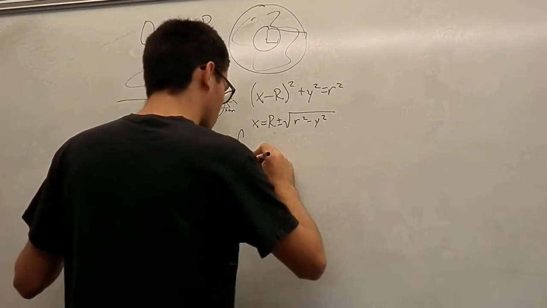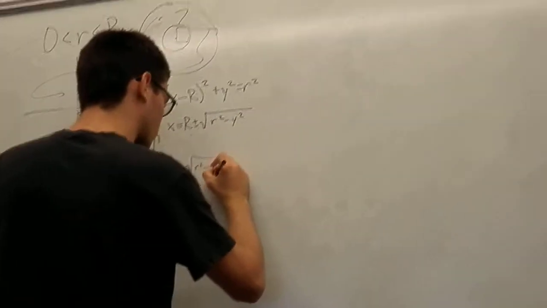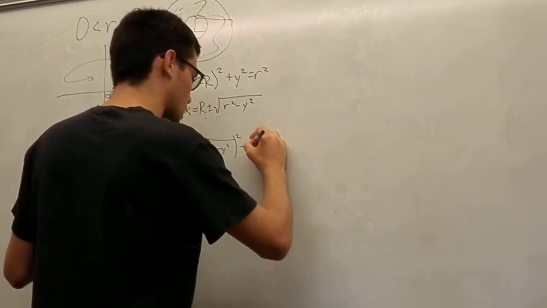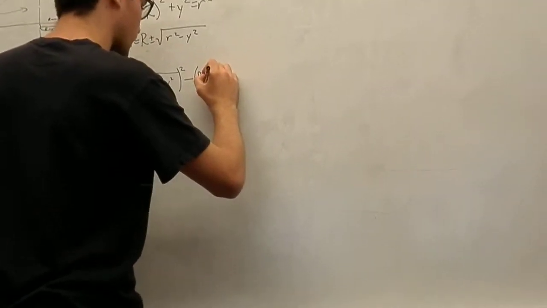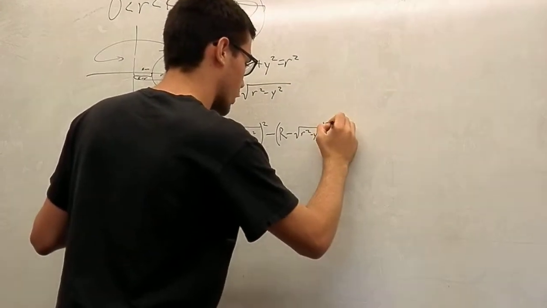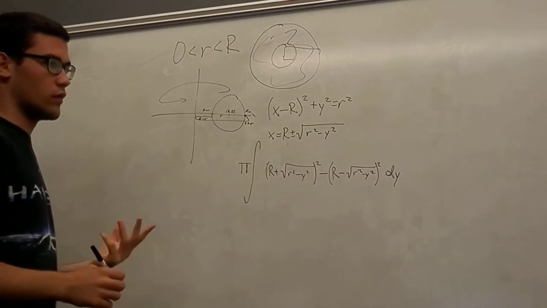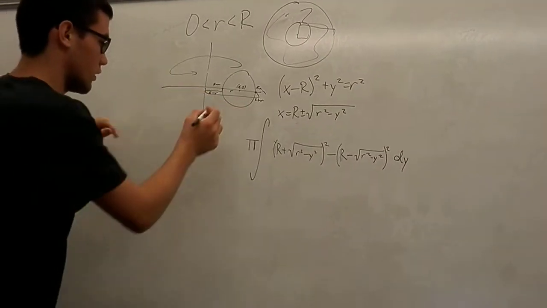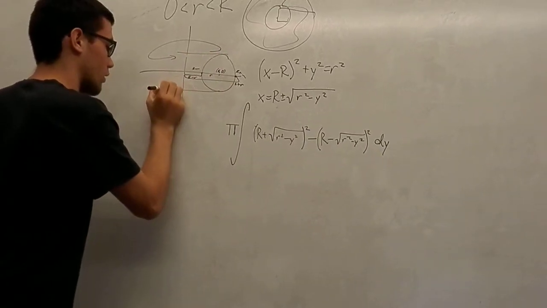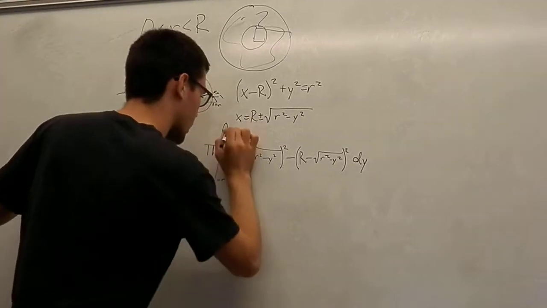You're going to have the outer radius, which is big R plus the square root of little r squared minus y squared, minus big R minus the square root of little r squared minus y squared, dy. The interval of integration is from the bottom to the top of the circle, at y equals negative r and y equals r. So it's from negative r to r.